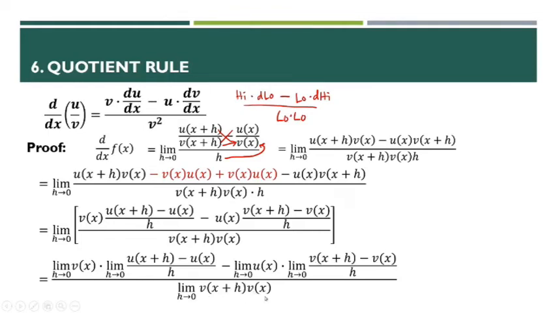So as h approaches 0, so sa denominator, magiging 0 na to. So matitira ay v of x times v of x. So ito ay derivative of the function u in terms of x times v of x, minus the function u times derivative of the function v in terms of x, all over v of x times v of x, which is v squared.